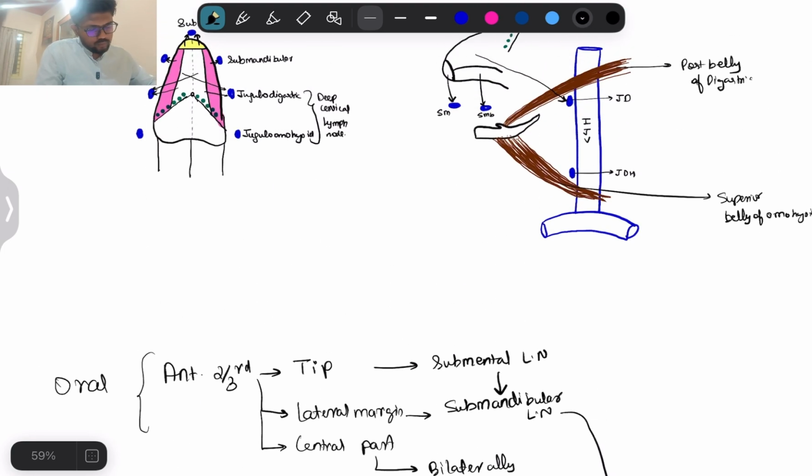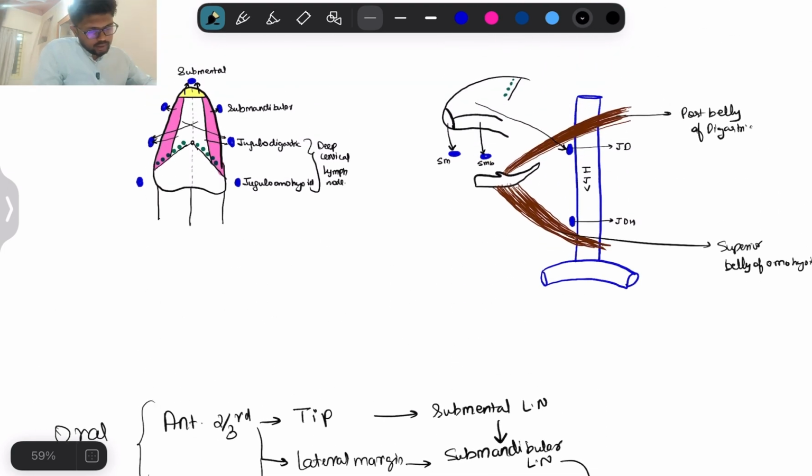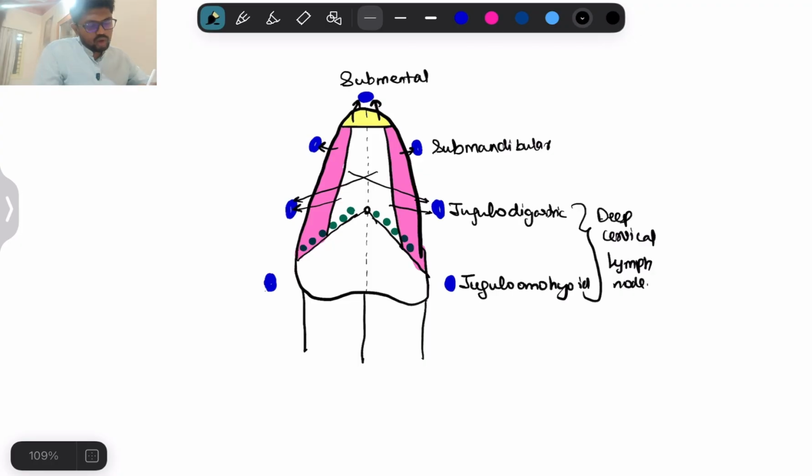Now the posterior most or the pharyngeal part of the tongue will drain into the jugulo-omohyoid group of lymph nodes directly, and some will drain bilaterally to the contralateral side of the jugulo-digastric group.